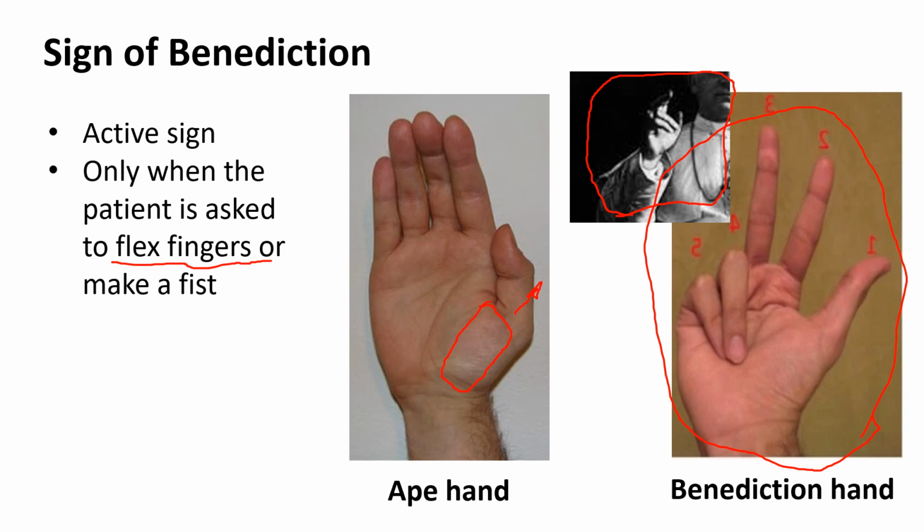Here we can see that we can flex the interphalangeal joints of both little and ring fingers, but we cannot flex the lateral 3 fingers because of paralysis of the lateral half of flexor digitorum profundus supplied by median nerve, as well as paralysis of flexor pollicis longus and flexor pollicis brevis in the thenar eminence.